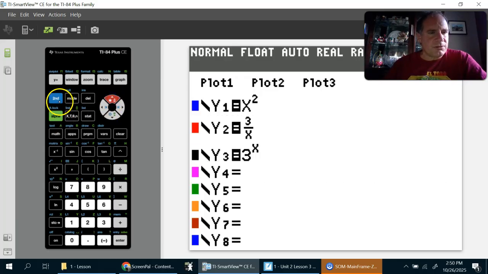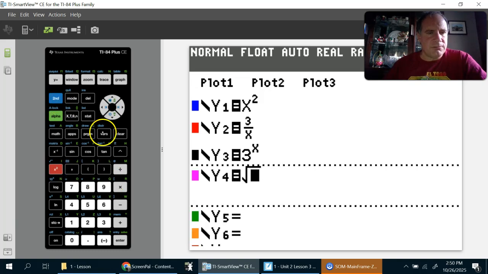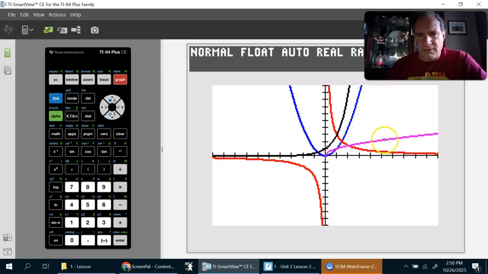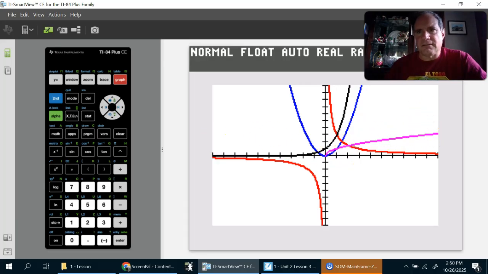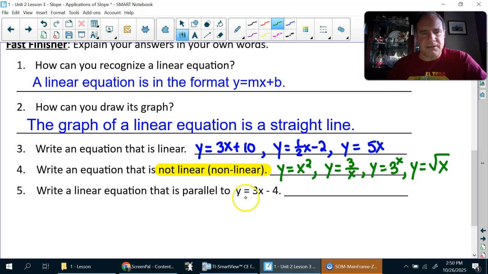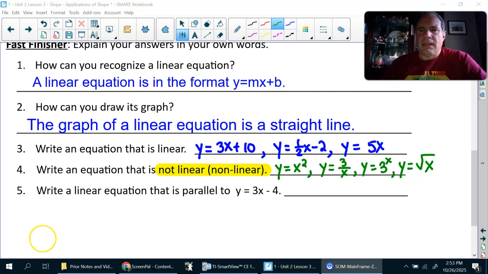We're going to go second function, square root, and put x in. We're going to see what that brings, and there it is. That is a non-linear function.